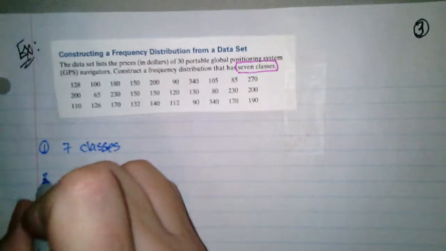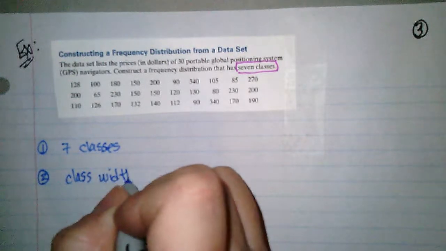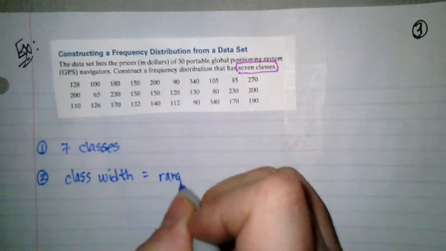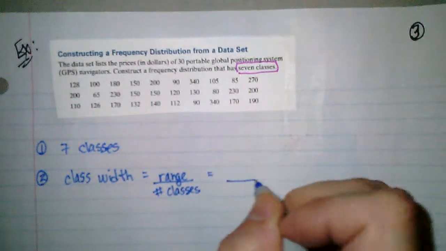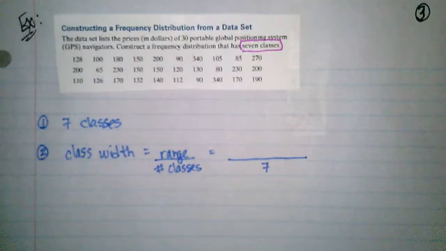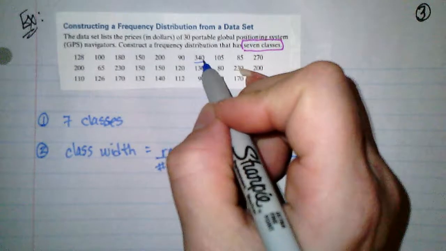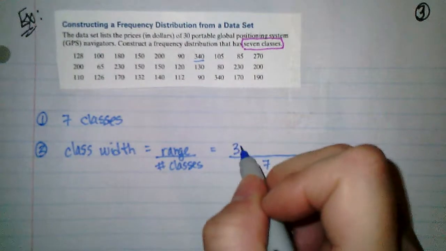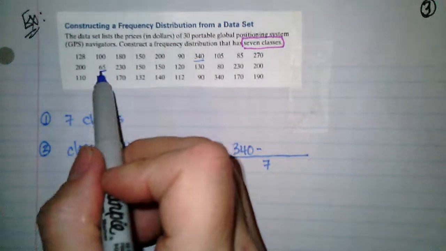And then step 2 was to figure out the class width. And the class width, remember, we take the range divided by the number of classes, which I know is 7 classes. For the range, I need to take the highest data value minus the lowest data value. So you just want to scan through all of the data on there. And it looks like 340 is the highest. So I'll take 340 and subtract the lowest, which looks like that is 65.